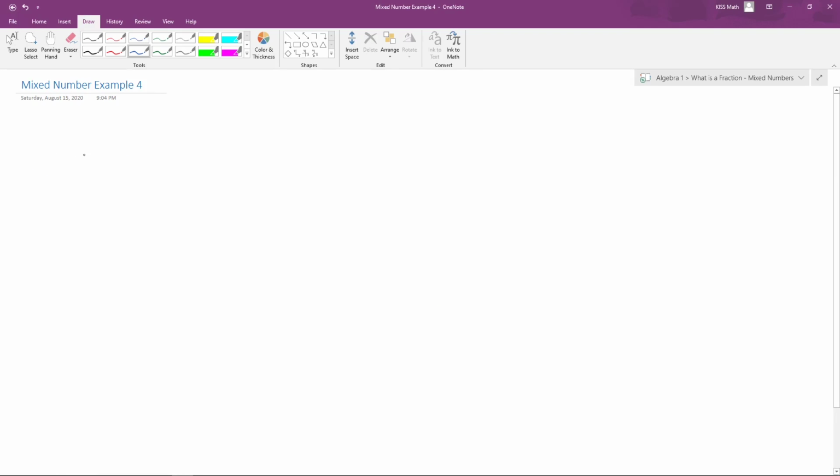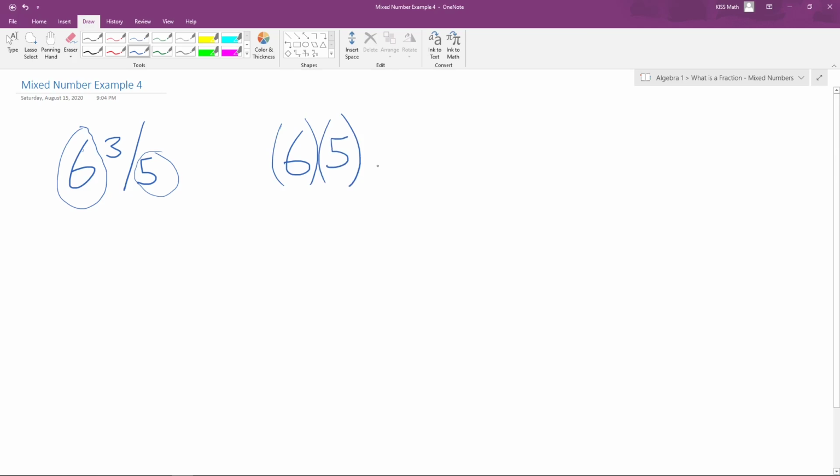So in the last screen we had 6 3/5. And what you do is you take your whole number, which is this guy here, and you multiply that by the denominator, which is this guy here, right? So you do 6 times 5, and then you add the last piece, the numerator, and you put that all over the denominator of 5 that we're working with.